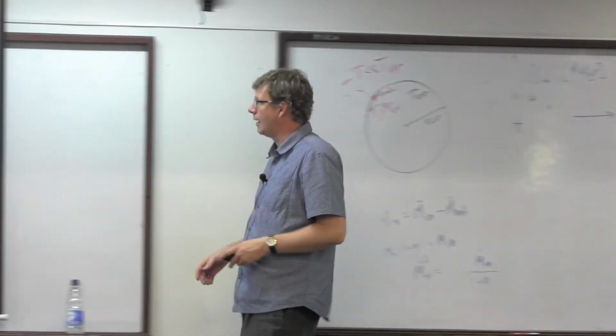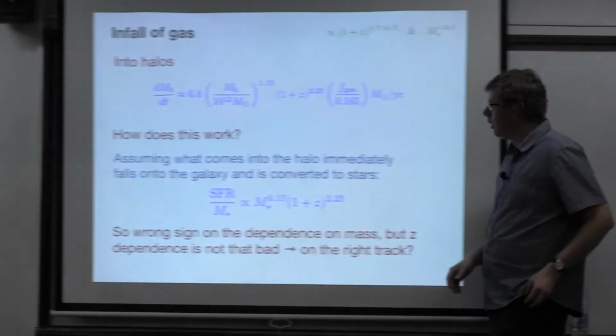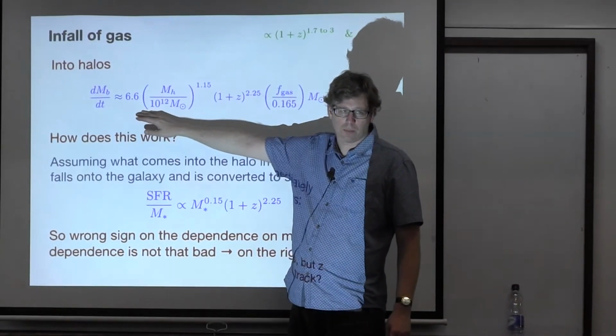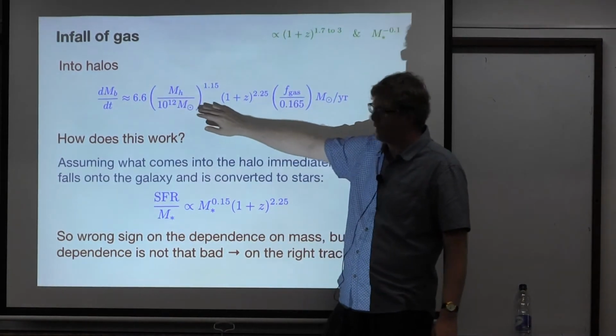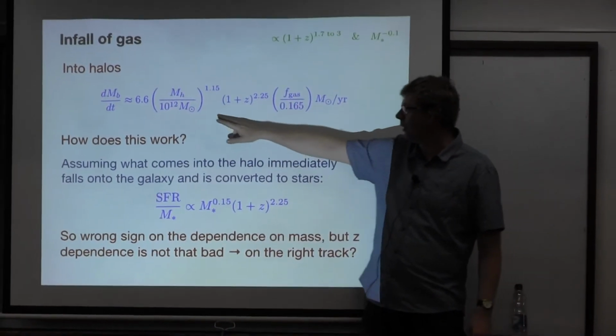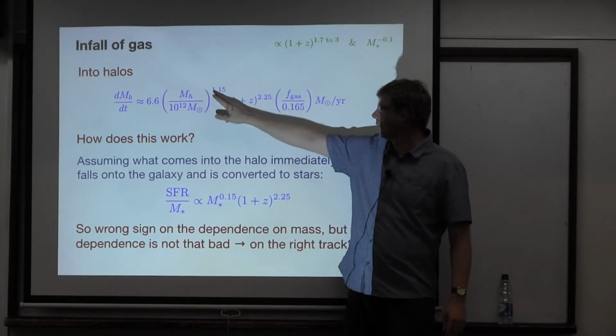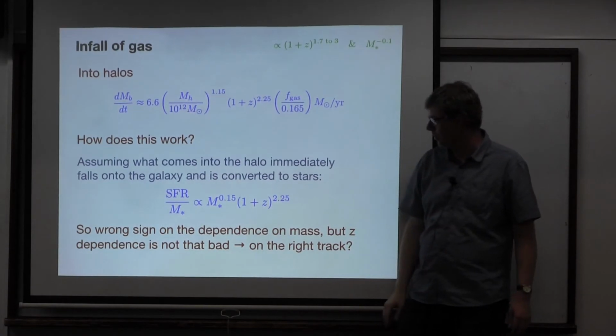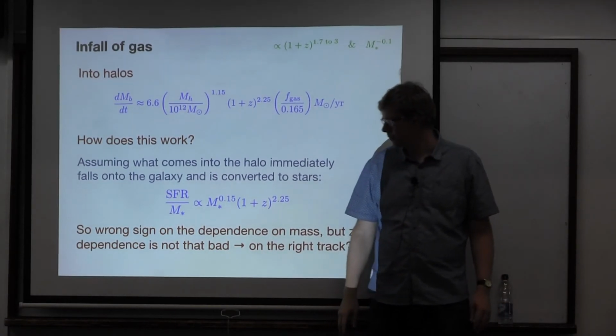And so what do you take? This is what we had. That's what we started with. This is what comes into the halo. Okay? There's the accretion onto the halo. It's dependent on the halo mass to 1.15 and redshift 1 plus z to 2.25.